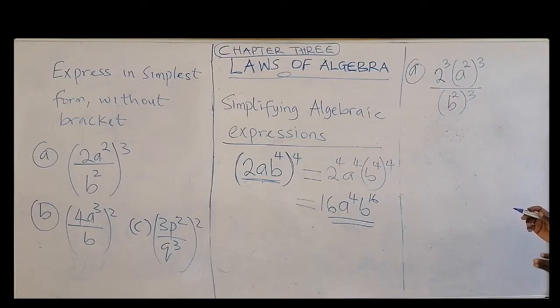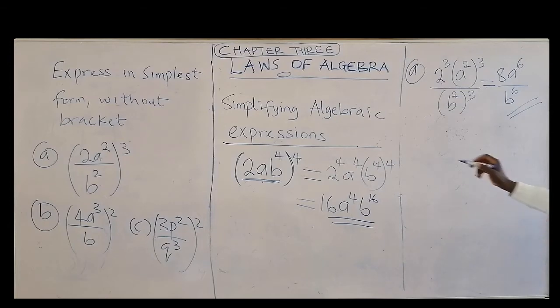That's the first interpretation of that algebraic expression, and this will be 2 to power 3 is 8, and then 2 times 3, that's 8 to power 6 all over 2 times 3, b to power 6, and that finishes the question.